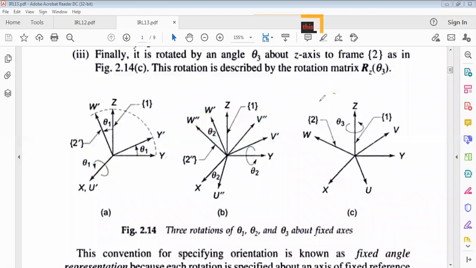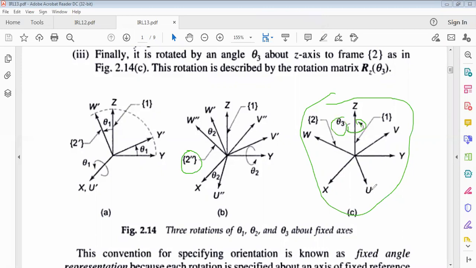Finally, you observe this figure. So rotate the 2 double dash frame about the z-axis of frame 1, by an angle theta 3 about the z-axis.